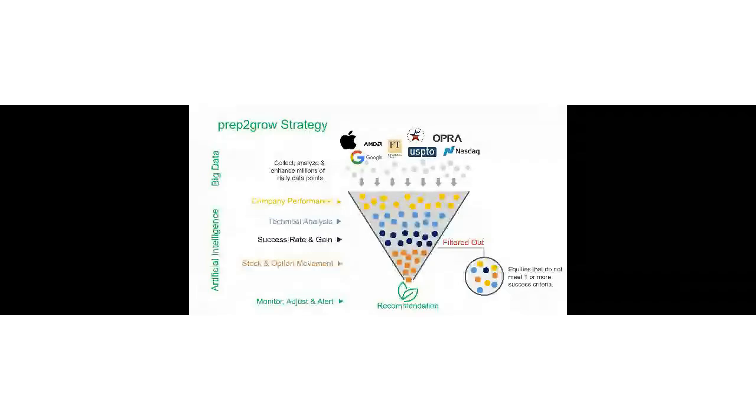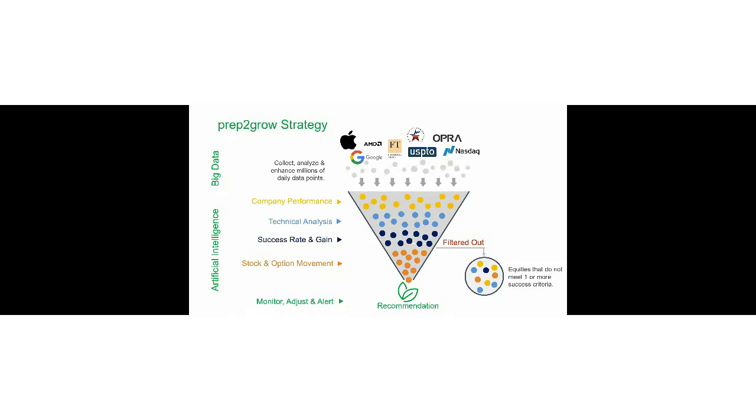When we predict that, we then overlay it with our technical analysis algorithms, where we say, traditionally, if this company is performing this way or that way, how does it influence the stock price, and when does that typically occur?